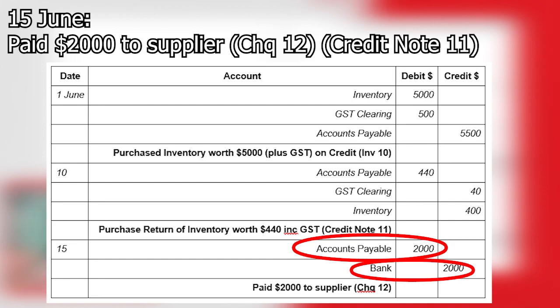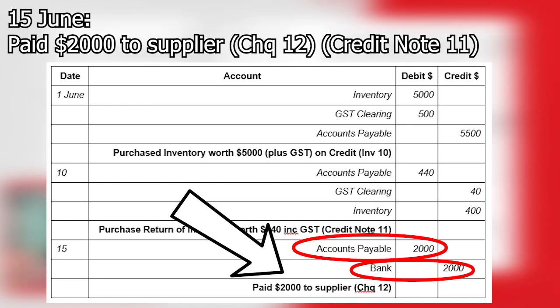Bank asset going down is a credit of $2,000, and then you've got paid $2,000 to supplier, check 12. That is how everything fits in, and that all plugs into the general ledger, where we see every transaction come together.